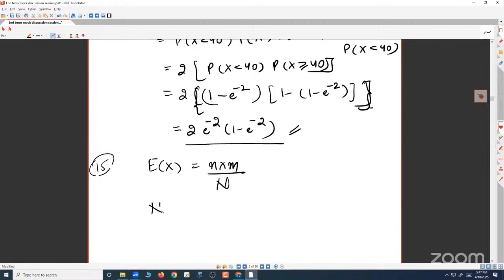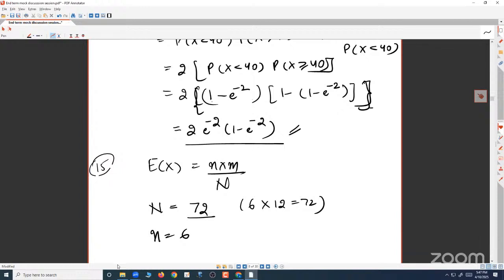So here, what is my N? 72. N is 72 because I am having 6 dozen bananas. In 1 dozen, it is 12 bananas. So if I'm having 6 dozen, that means 6 into 12, which is 72. So in total, I'm having 72 bananas, and from that, I'm choosing 6 bananas.